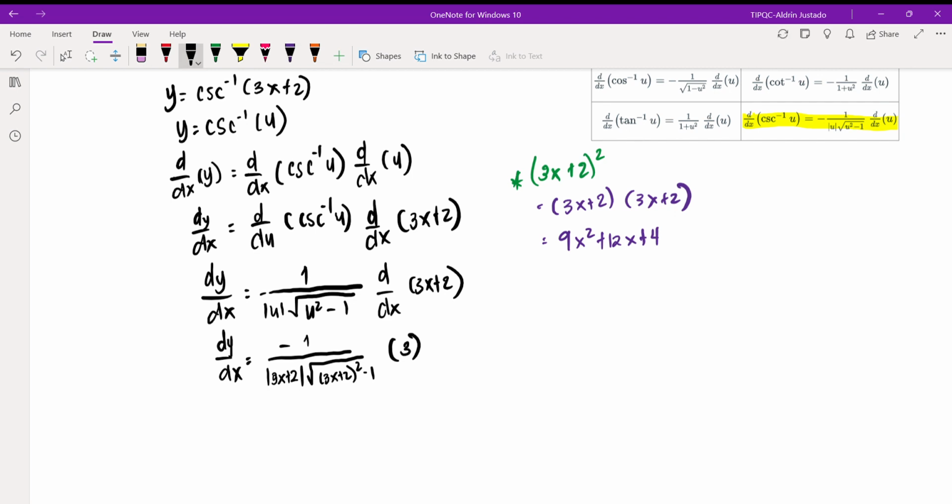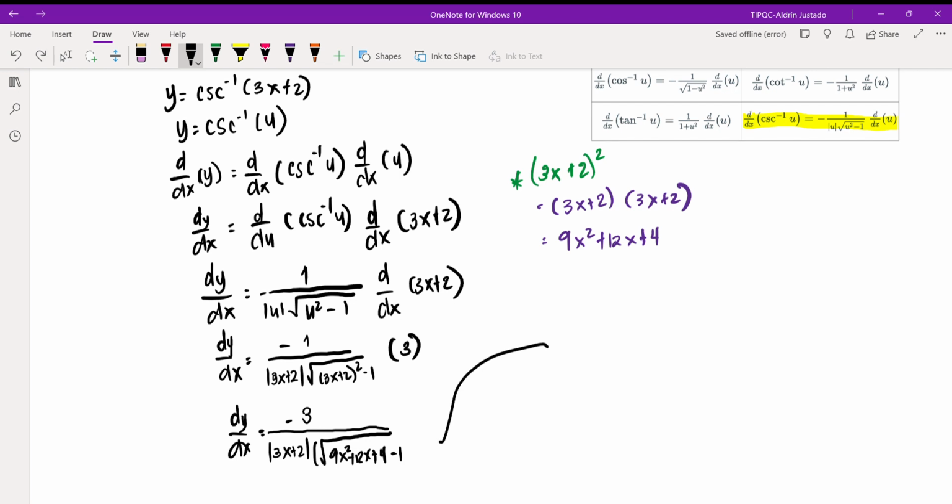So, simplify this. Dy over dx is equal to negative 3 divided by absolute value of 3x plus 2 times the square root of 9x squared plus 12x plus 4 minus 1.